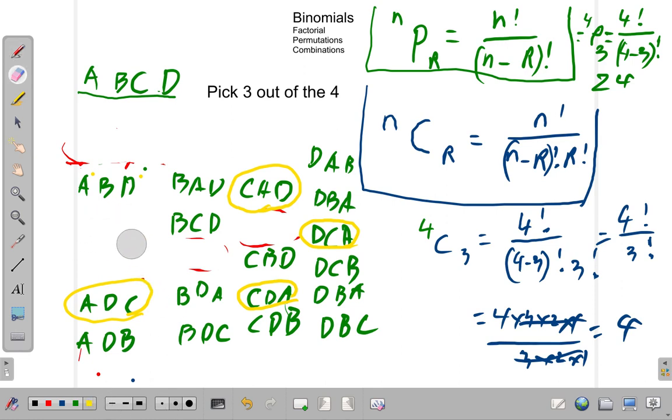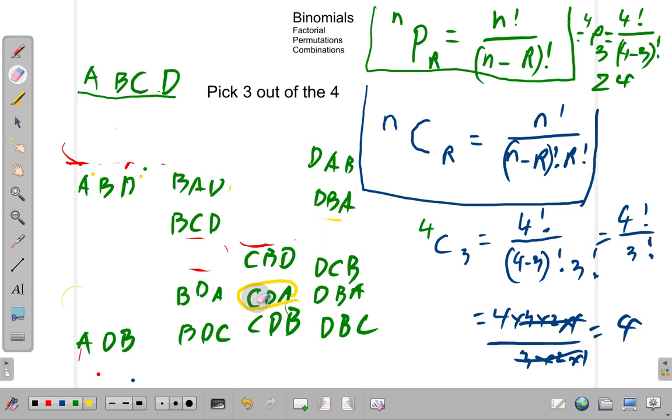So we looked and found those without any D. Then we looked for those with no B. Let us look for BCD. In other words, no A. No A at all.